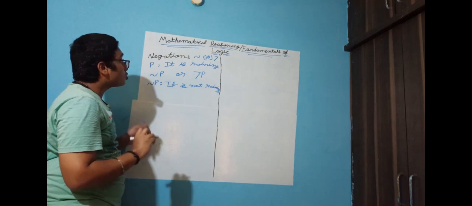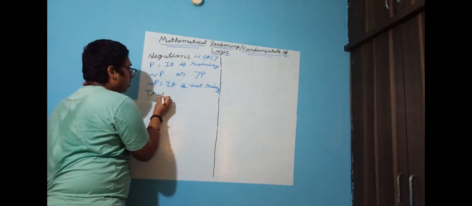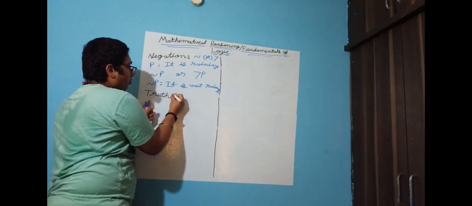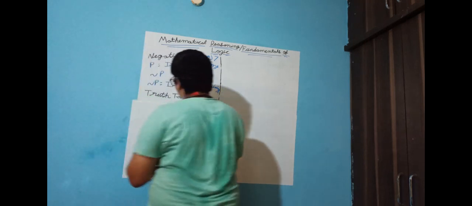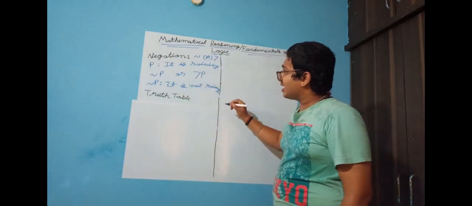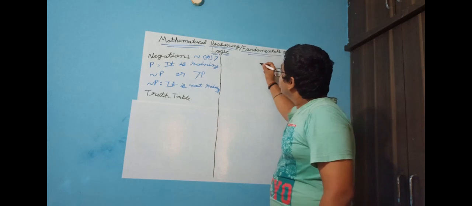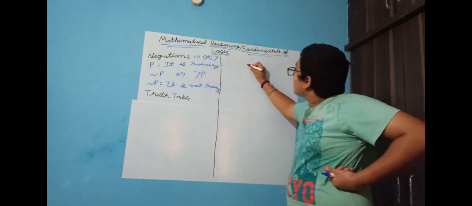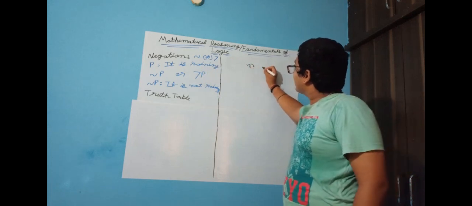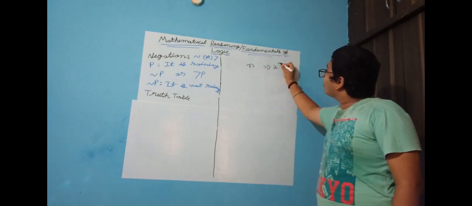Now we need to also discuss the truth table for it. Before going to the truth table of negation, I want to discuss one main thing: the number of sentences you use in the truth table. Here we have considered only P, one sentence. Like that, if we consider n sentences, in the truth table we need to take 2 power n values.